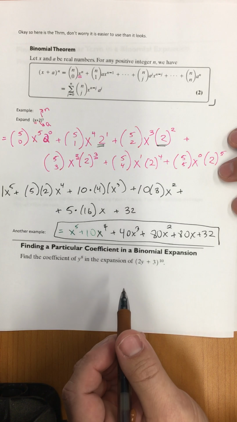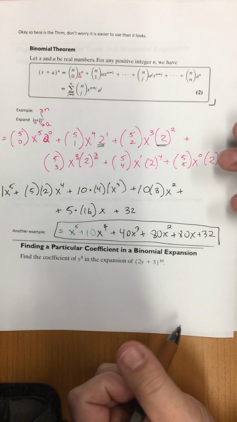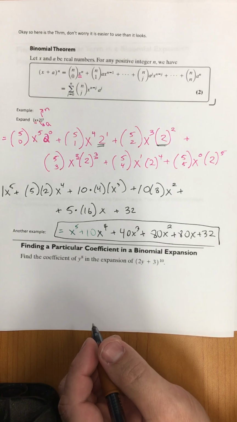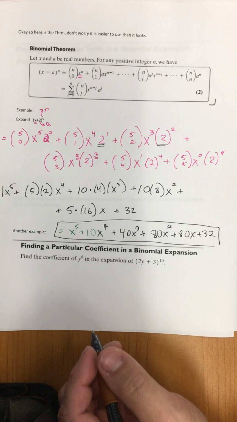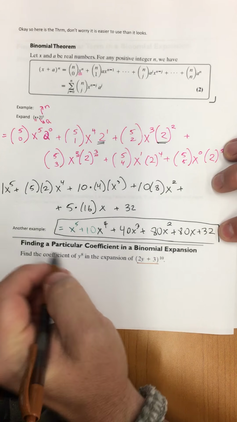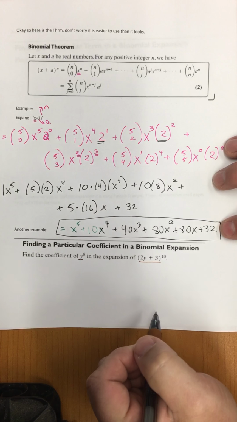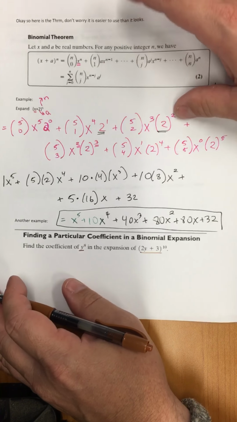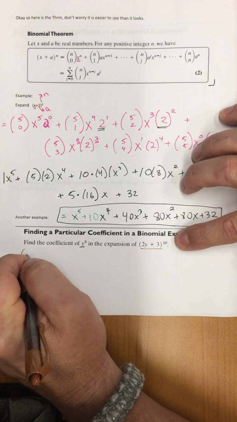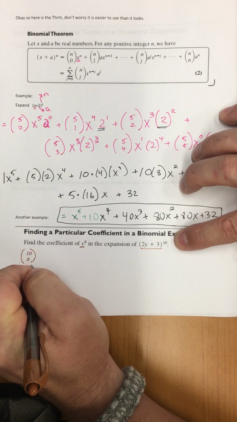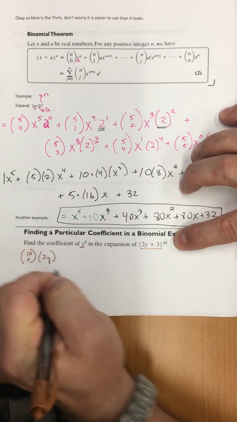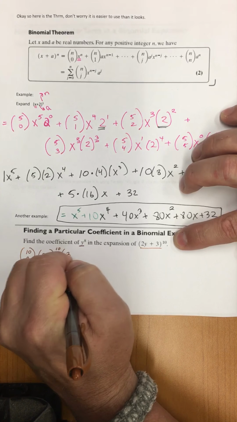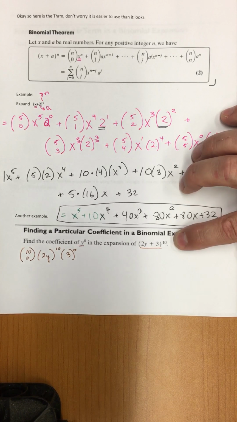All right, the other thing they're going to ask you to do is find a specific coefficient. They're going to say, what is blank coefficient? So, given this expansion, they want us to find the y to the 8th coefficient, right? So, let's just do a couple of them just to show you where that would be. So this is going to become 10 choose 0, the first term to the 10th power, the second thing to the 0 power.